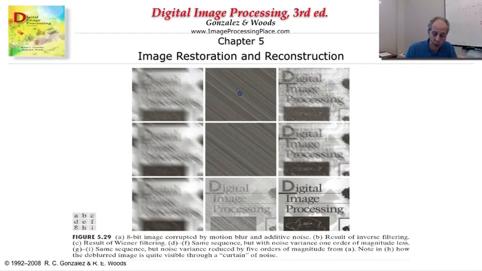So once again, going from here to here is the result of taking this image and filtering with an inverse filter, 1 over h. And I'm not including the problems that might happen because I need to estimate h. I'm actually using the exact h that I used to create this image. And the result is close to a disaster, for the same reasons as we saw in the previous example.